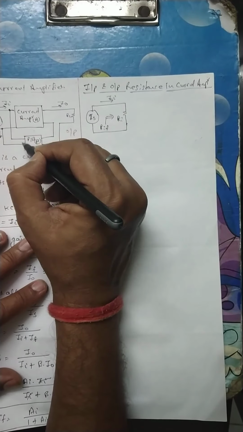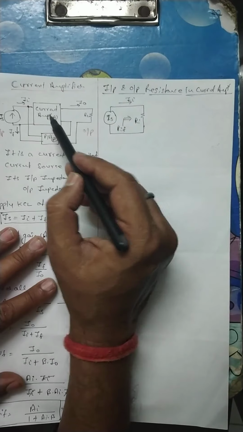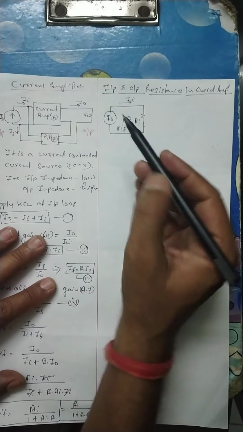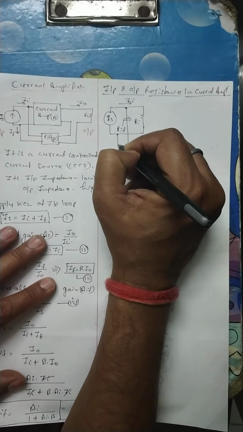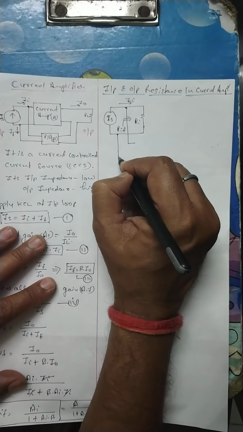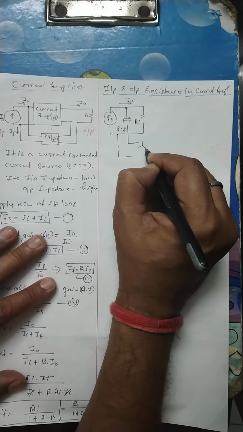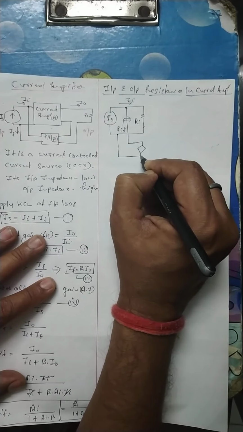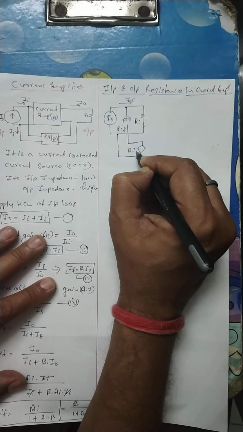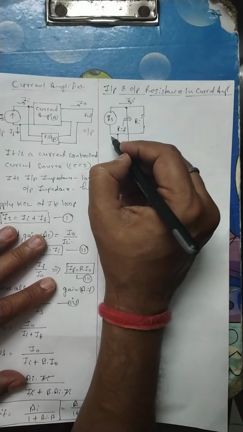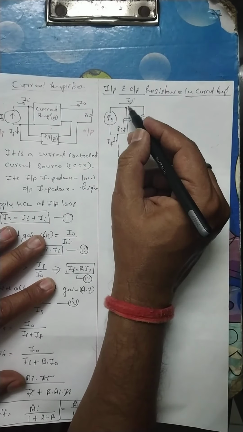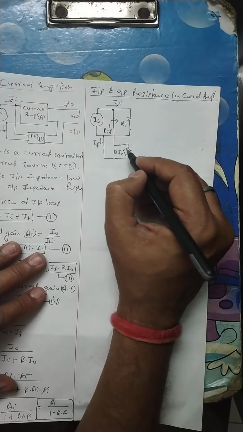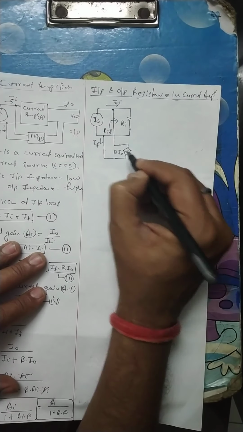At the input side you can see that it is in shunt, so just take the shunt connection from here like this, and here a dependent current source equal to beta into I0. Here the currents are If, Ii and I0. This is the direction of the current.